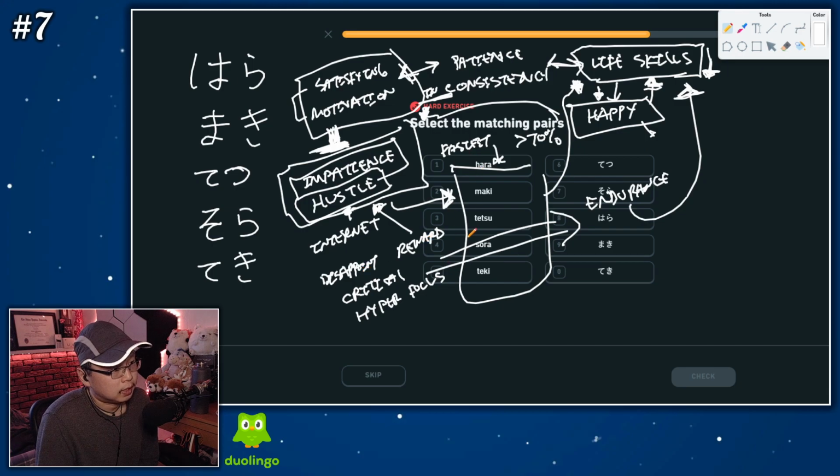So if you're learning language, dealing with disappointment, feeling of progress, critical thinking, hyper-focusing, that will be a very, in my opinion, non-sustainable relationship. I understand that some people can do both.